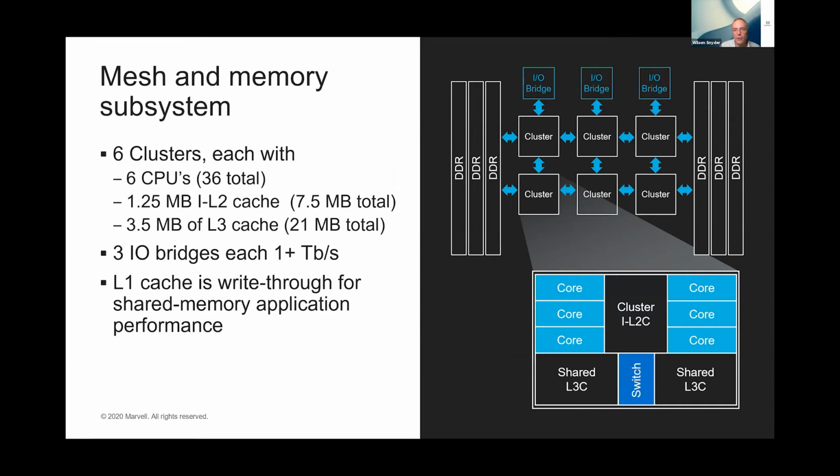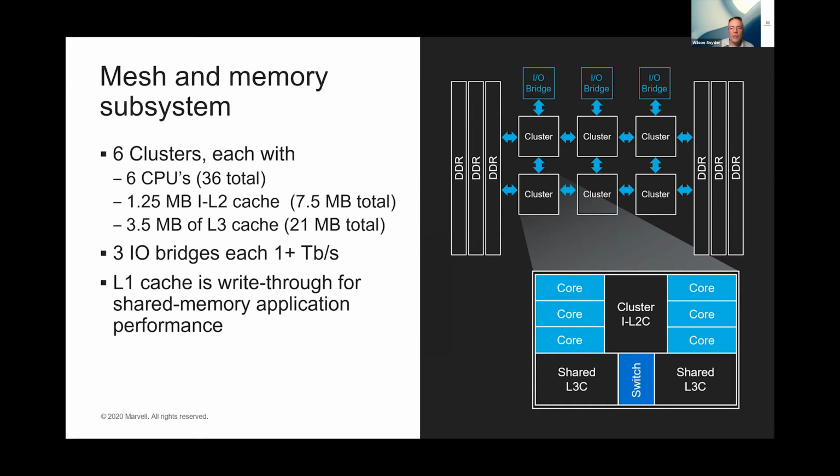So that cache is multiplied by all the clusters. You see there's 6 of these clusters, each of the clusters getting 6 CPUs. So that gets us to the 36 CPUs. On the left and right of the clusters, we have 3 on the left and 3 on the right DRAM controllers. And then on the top, we have I/O bridges, which then attach to all of our coprocessors, PCI, and all interfaces to the outside world.